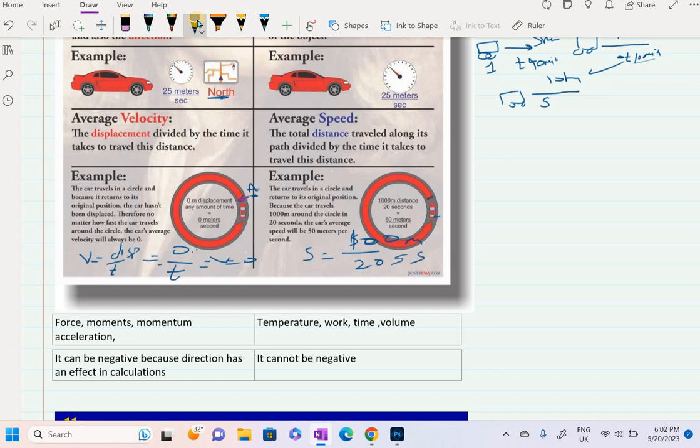Then the answer will be 5 meters per second. Okay, this is the speed. I have only a value here, but no direction. The direction has an effect in my calculation, so that's why I got a different answer.